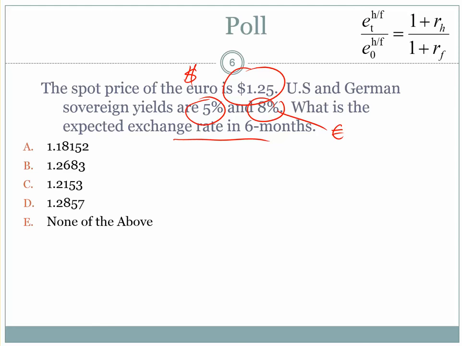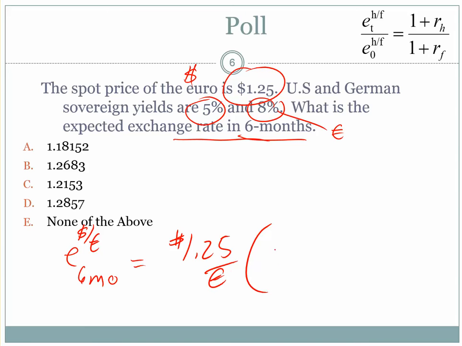I'm sorry, in 6 months. So I'm going to forecast in 6 months, it's going to be equal to, and this is going to be in dollar per euro, the current spot price, dollar per euro, times the relative interest rates, where it's dollar over euro.